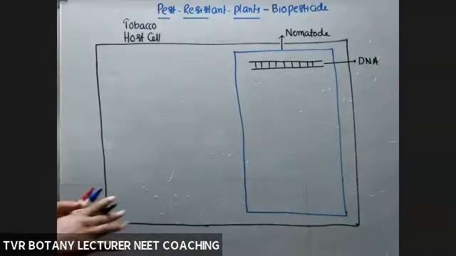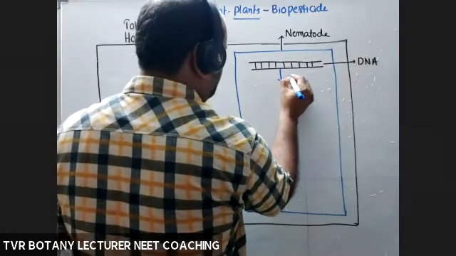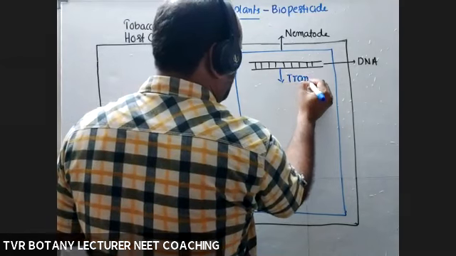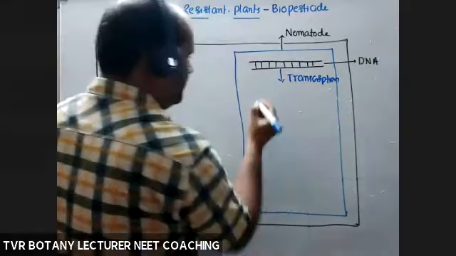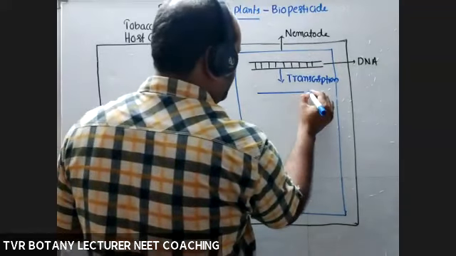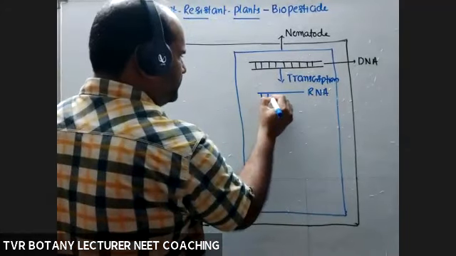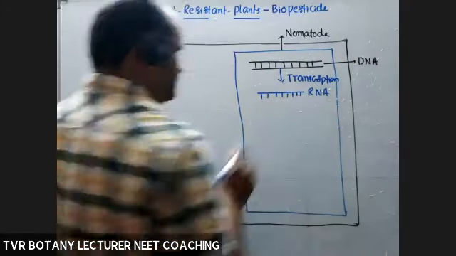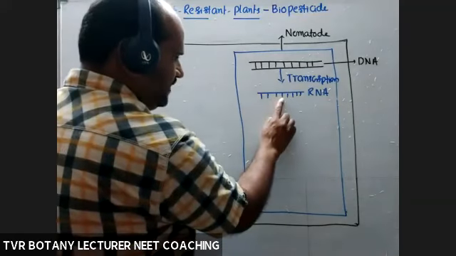Double-stranded DNA. So as usual, transcription. And this is an mRNA molecule with a certain number of nucleotides. Now our objective is how to silence this mRNA.